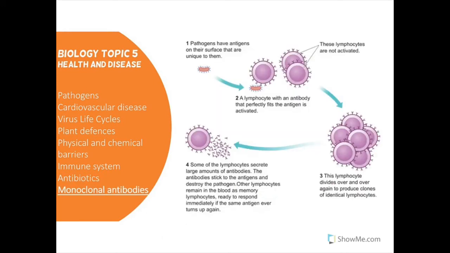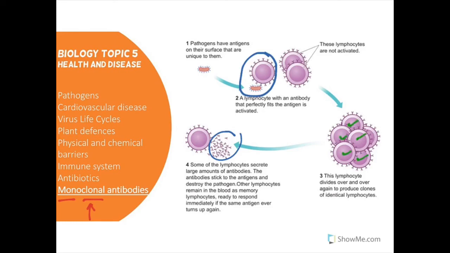Right. Last thing we're going to look at is monoclonal antibodies. Monoclonal is very simply just a clone, a genetic copy of one of the white blood cells. So these are monoclonal antibodies. Remember, if you have a pathogen and there's one white blood cell that can fight that off, it's going to clone itself.